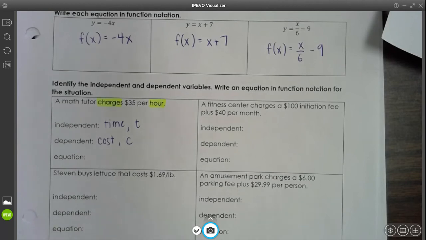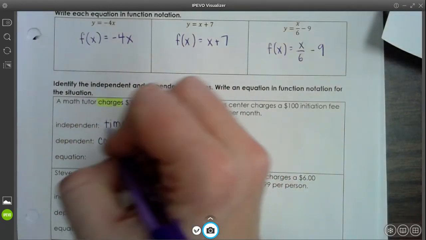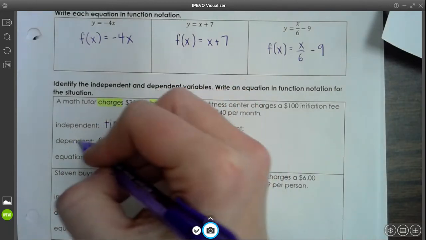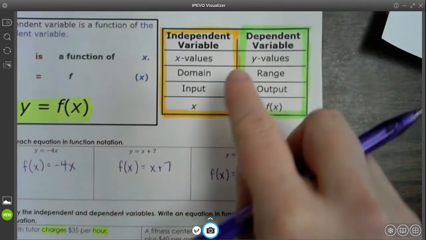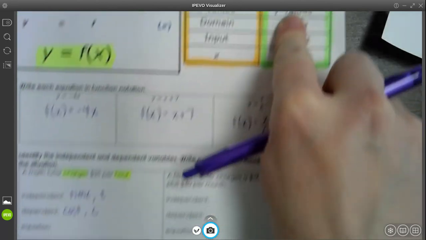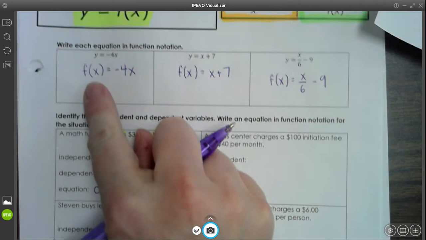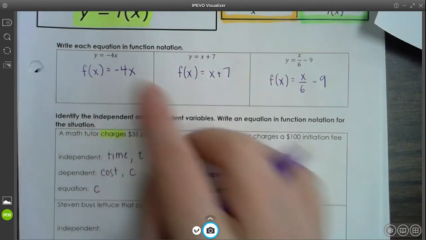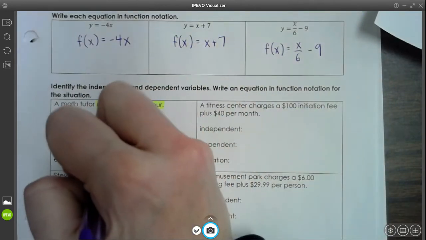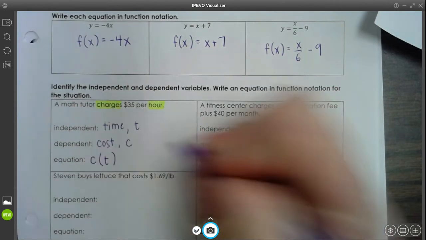So the cost depends on the time. The cost is our dependent variable. Remember, that is like replacing the Y value. So the cost, now remember, function notation looks like this for the Y. So the cost is going to be in terms of the time.